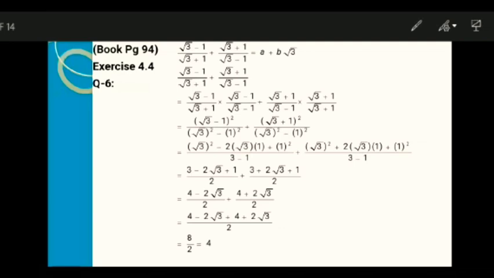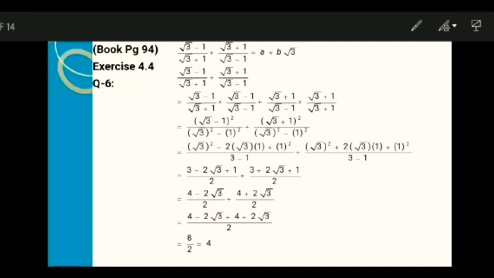Now students, you can observe here, three identities at a time we are applying: a minus b whole square, a plus b whole square, and a square minus b square on the denominator. So please simplify it. As you know, under root 3 whole square minus 2 under root 3 plus 1 whole square divided by 3 minus 1, plus opening the identity a plus b whole square, that is under root 3 whole square plus 2 under root 3 into 1 plus 1 whole square divided by 3 minus 1.